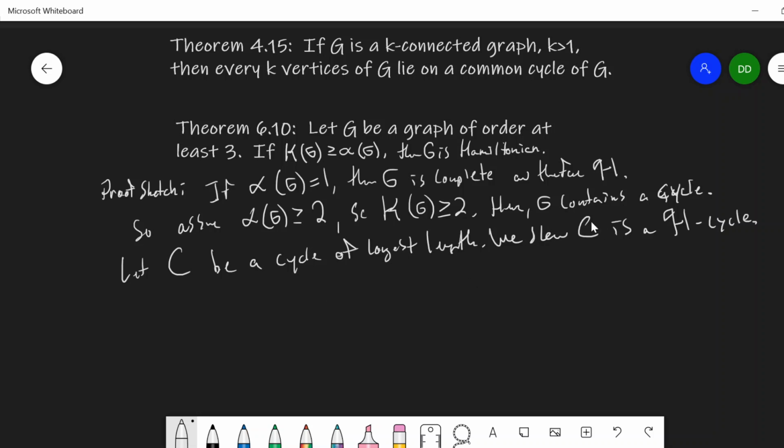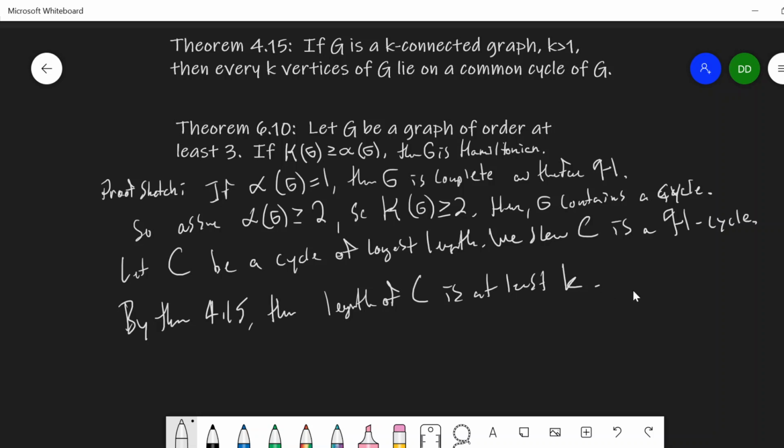We also know that the length of C is at least K by theorem 4.15: any K vertices lie on a common cycle. So since this graph is K-connected, by theorem 4.15, the length of C is at least K. So C has at least K vertices on it.